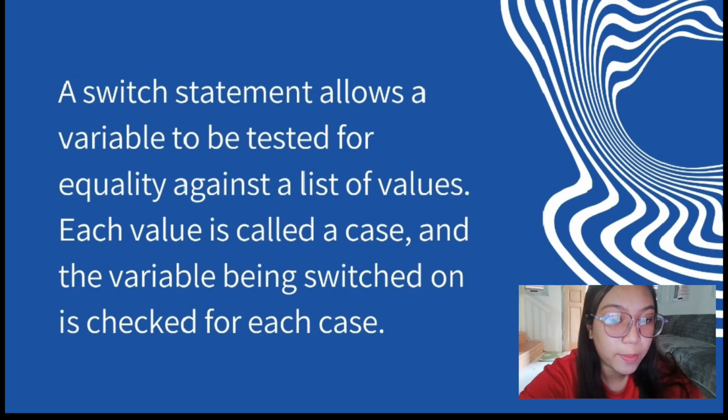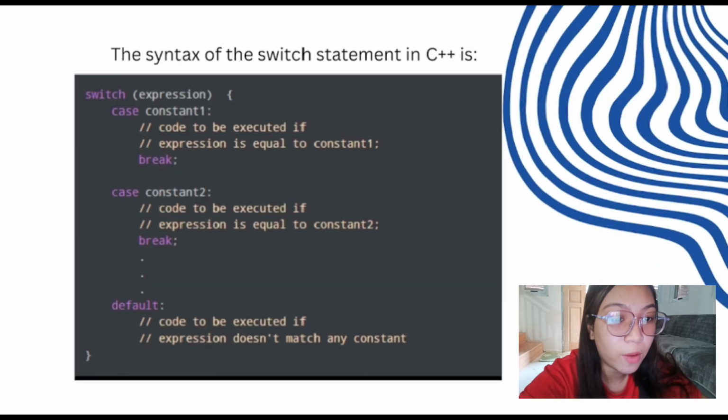The switch statement allows us to execute a block of code among many alternatives. The syntax of the switch statement in C++ is, as you can see, in the expression here, the variable value we're checking must be a whole number like integers, 1, 2, 3 or similar types, no decimals or strings.